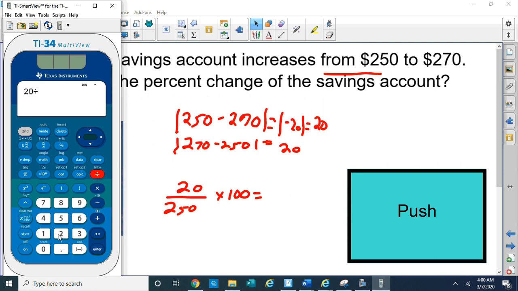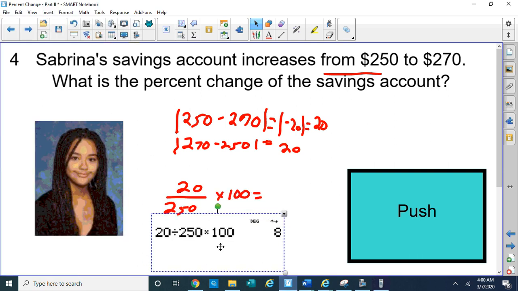And 250. And multiply that by the magic number, 100. That'll give me my percent. So press enter. And I get 8. Oh, I didn't have to round it off. So my answer is 8% change.